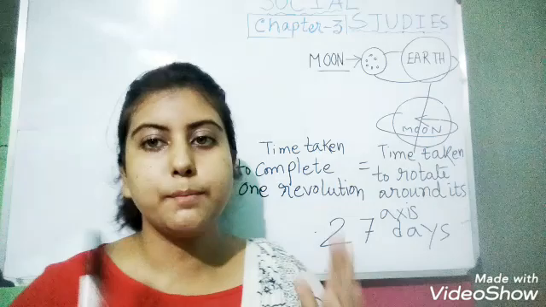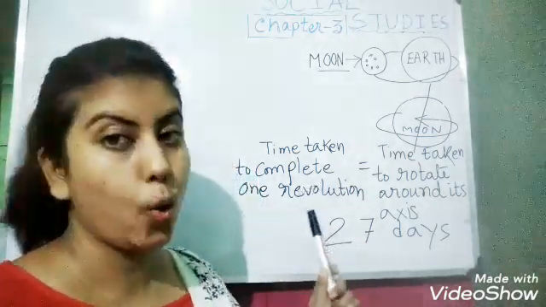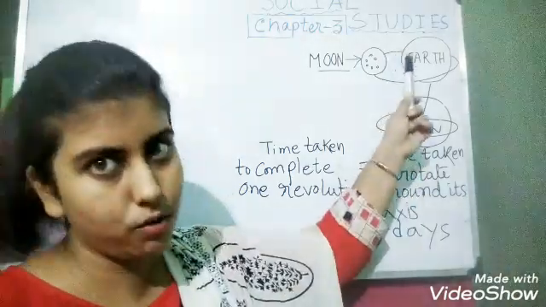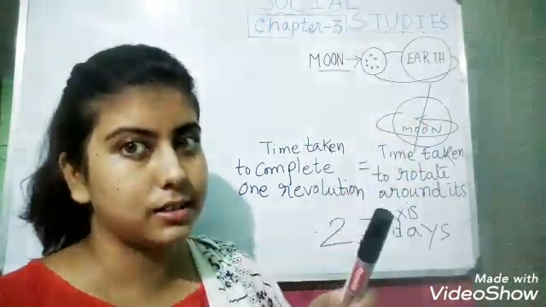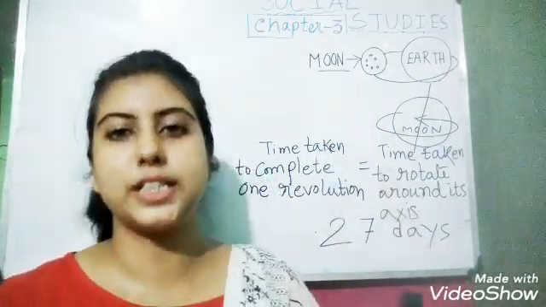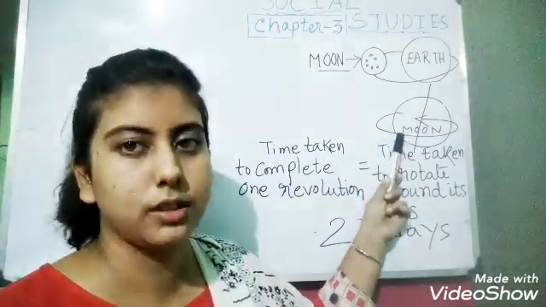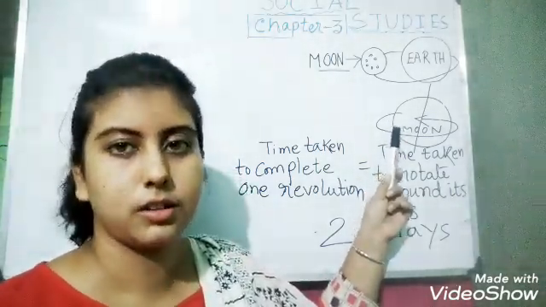The moon takes 27 days to complete one revolution around the earth. And at the same time, the moon takes the same 27 days to complete one rotation around its axis.